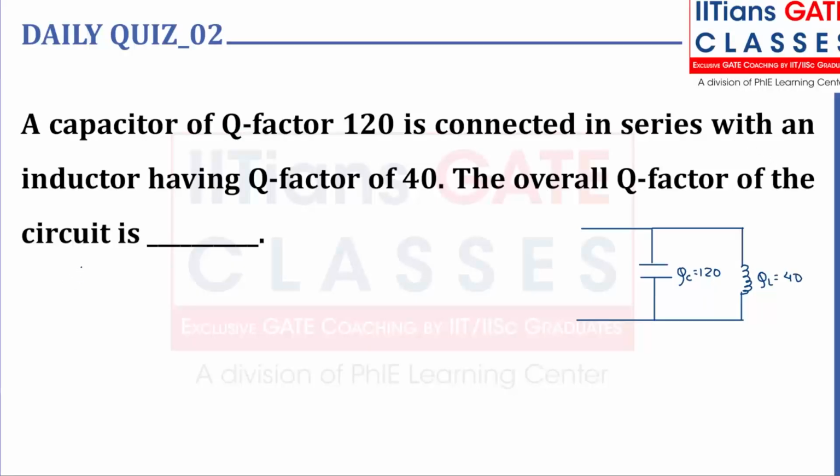So the overall quality factor of the circuit, if I write it as Q equivalent, is given by 1 by Q is equal to 1 by QC plus 1 by QL. So remember, if the elements are connected in series, the formula for equivalent quality factor is this.